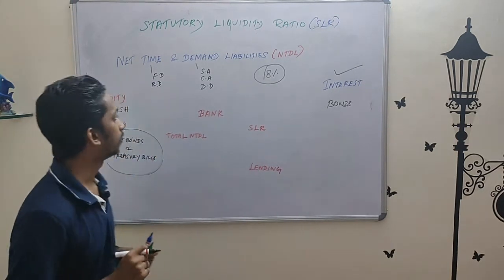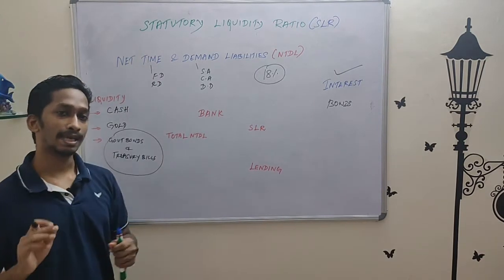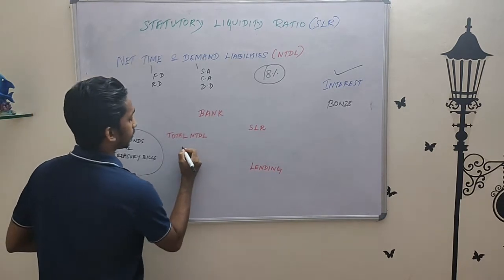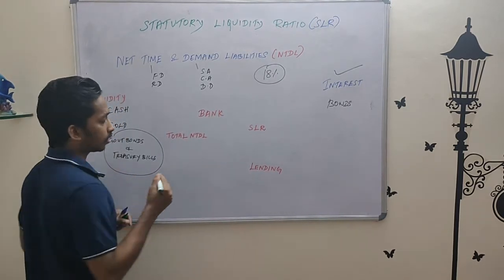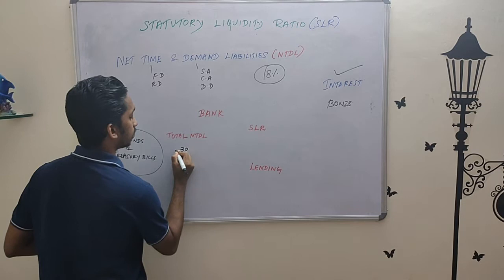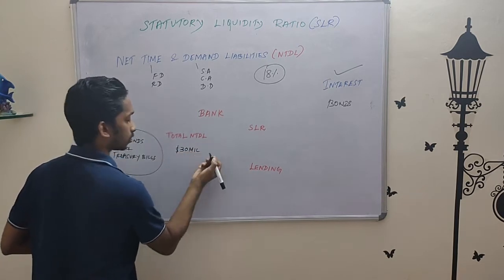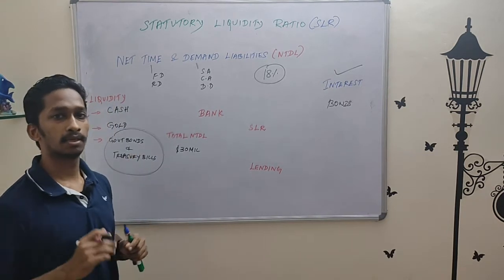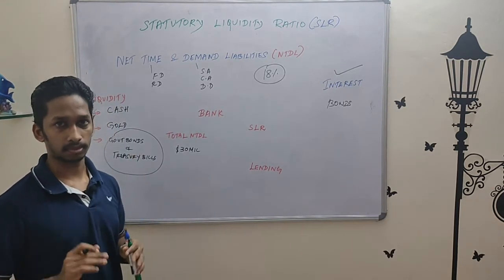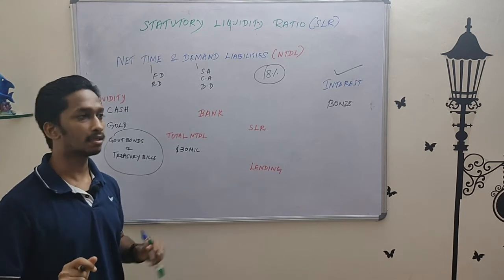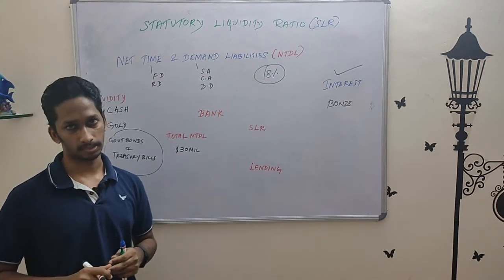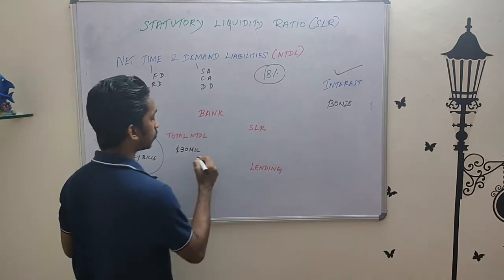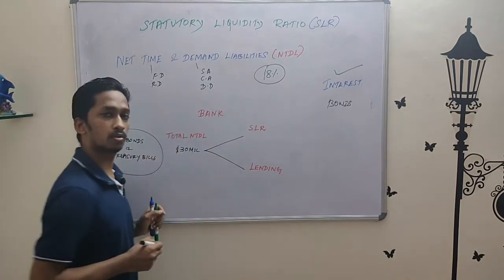Got it? Now let's look at how SLR actually affects banks and the common folk. So let's say the total NTDL, the total deposits, is $30 million. Now SLR currently, we would assume as 15%. It's not 15, it's 18, but for easy math, let's assume it as 15%. So out of 30 mil, you have to have this separated into two components.